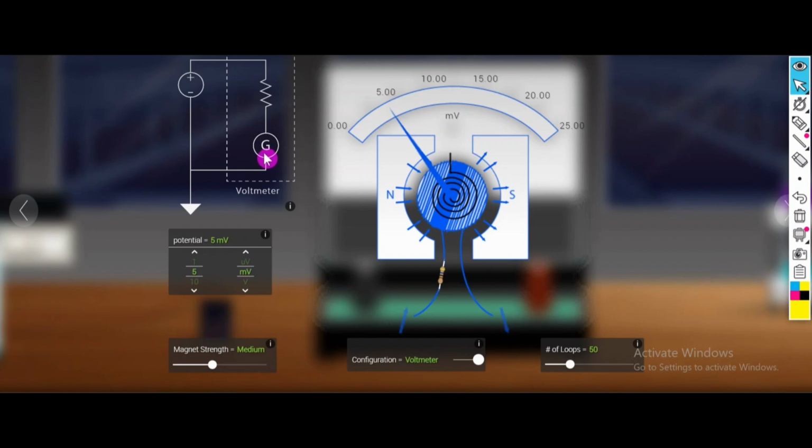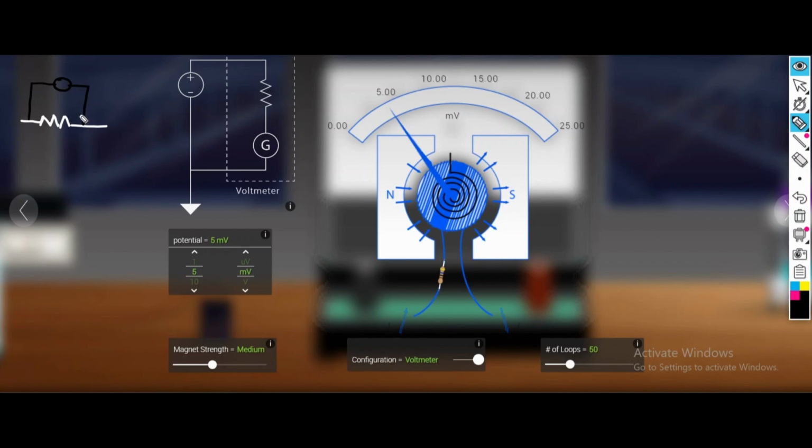Whenever you find the potential difference across a component of the circuit, let's say this component is a resistor in a circuit, and someone asks you to find the potential difference across this resistor, then you will put the voltmeter in parallel with this component.